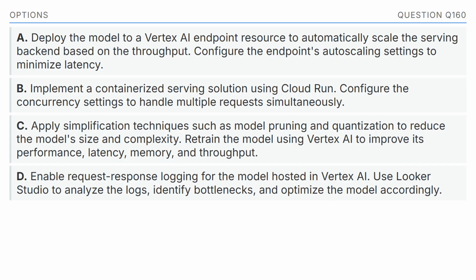Option C, apply simplification techniques such as model pruning and quantization to reduce the model size and complexity. Retrain the model using Vertex AI to improve its performance, latency, memory, and throughput. Option D, enable request response logging for the model hosted in Vertex AI. Use Looker Studio to analyze the logs, identify bottlenecks, and optimize the model accordingly.